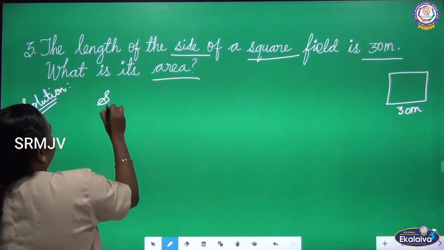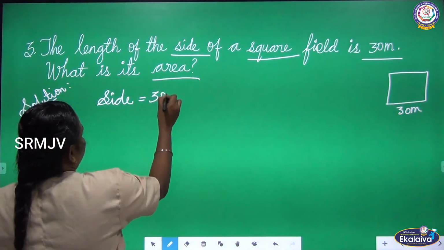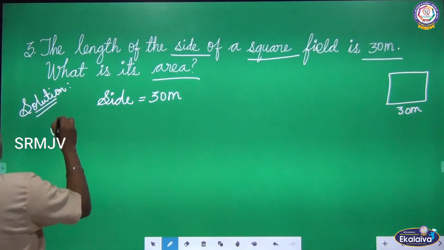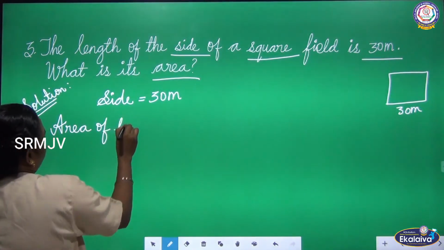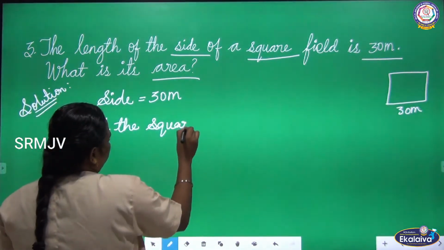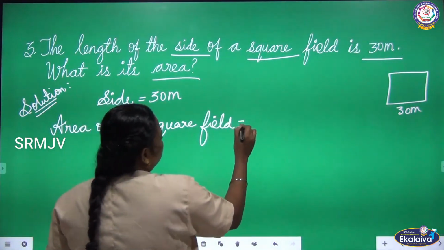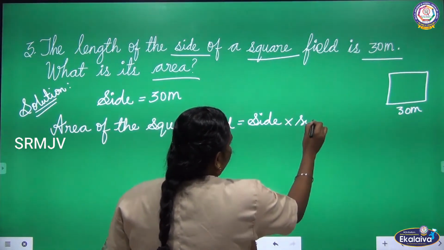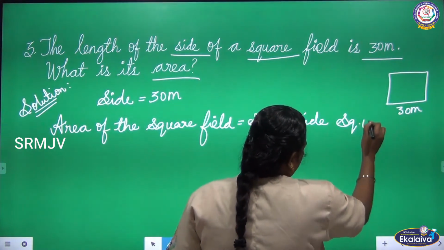So what they have given? Side. How much distance? 30 meter. So we are going to find out the area of the square field. So area of the square field equal to side into side square units.